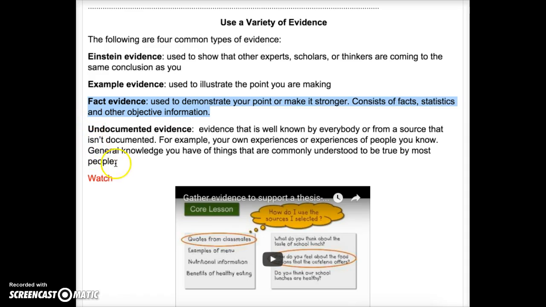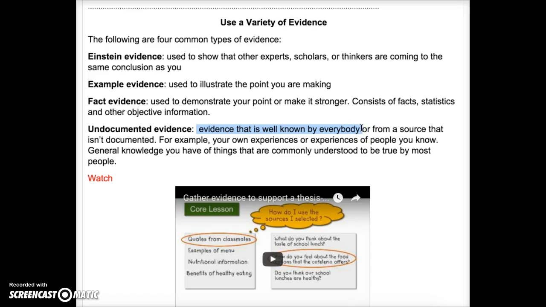And lastly, we have undocumented evidence. So undocumented evidence is going to come from your own experiences or maybe personal interviews, but it has to relate to your thesis and your subtopics. Or it's evidence that is well known by everybody.